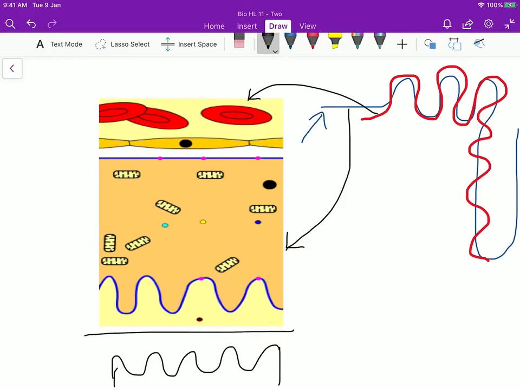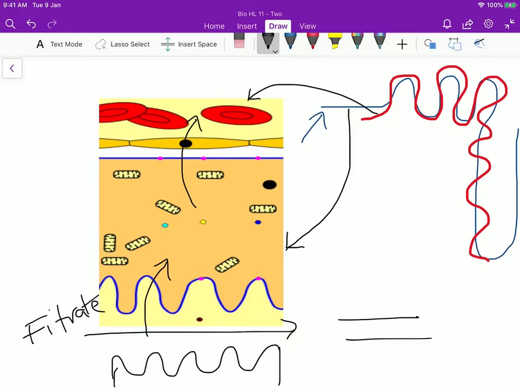And the tubule is this part here, and through there the filtrate is running. So the filtrate had all those things that we talked about in it: glucose, water, salts, small proteins, urea, all those things. And we want to now reabsorb through into the cells which are lining the proximal convoluted tubule and then into the blood.